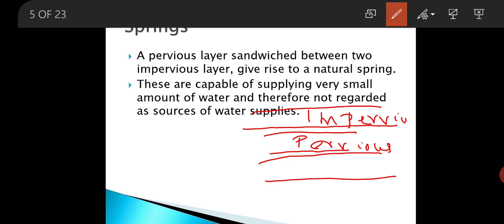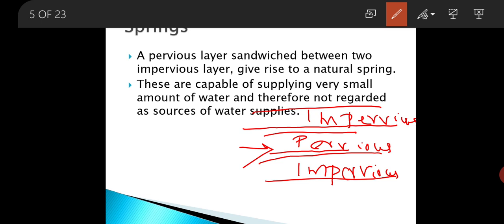So this one is an impervious layer and this one is also an impervious layer. This pervious layer is confined between two impervious layers, so this gives rise to a natural spring. That means the water will come out of this pervious layer.